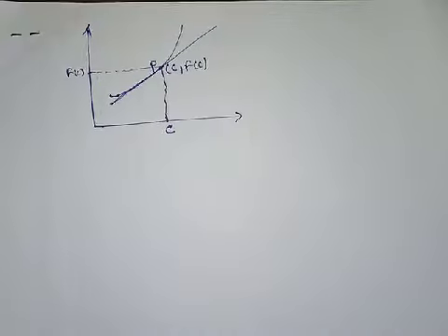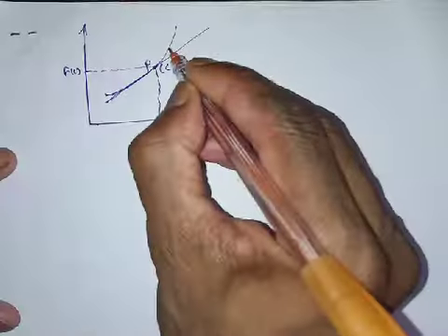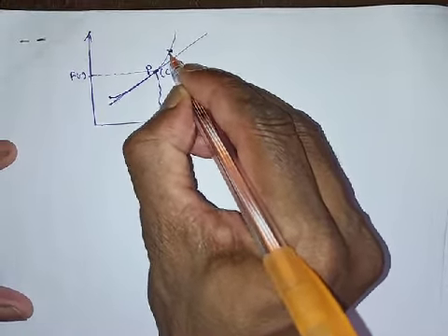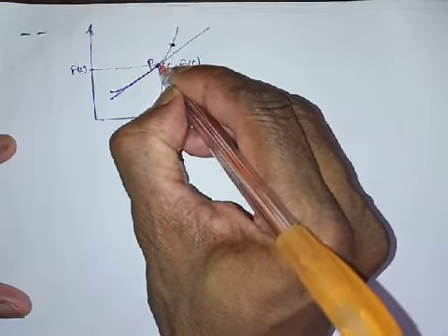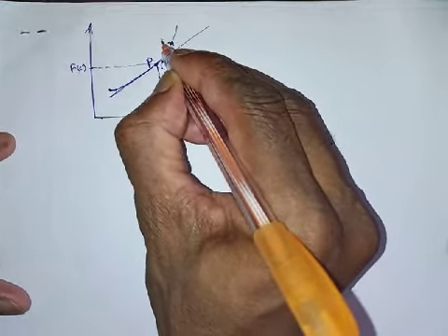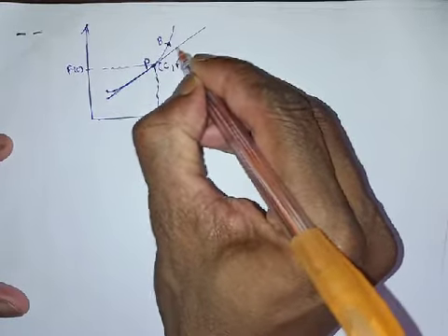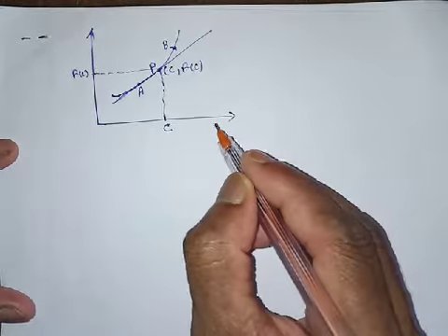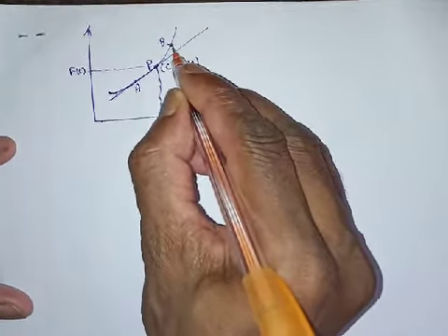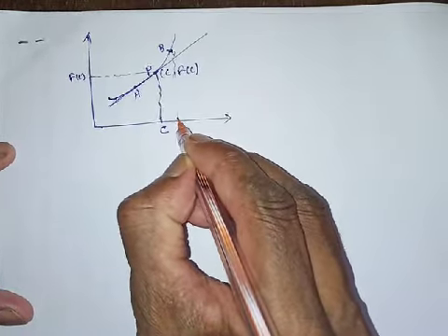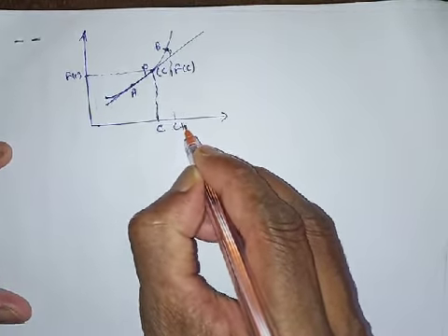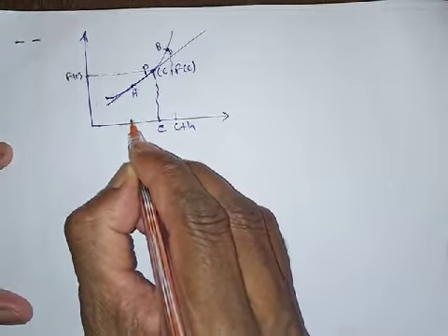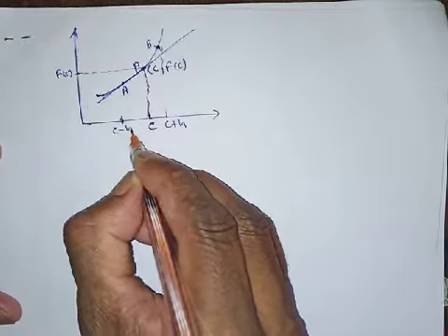Let's take some small interval of this curve, say here, point B, increased by some small interval, say h. So this point B is C plus h, where h is some small interval, and this point is C minus h.